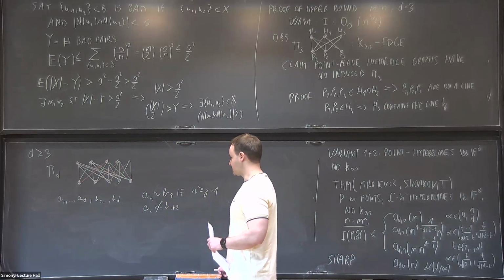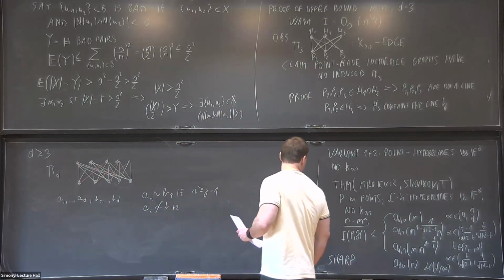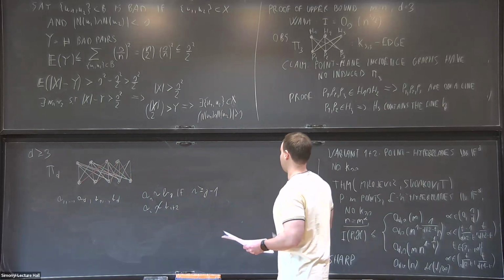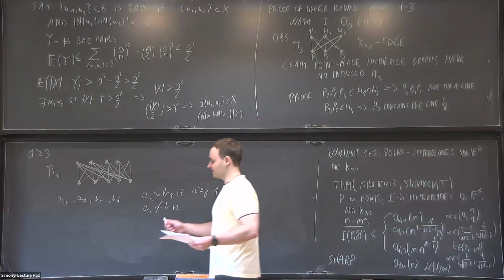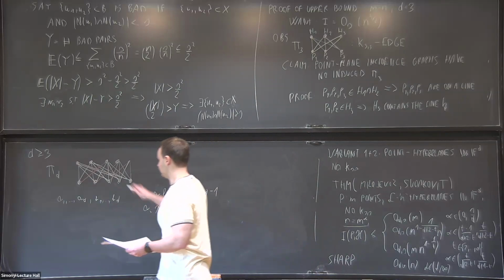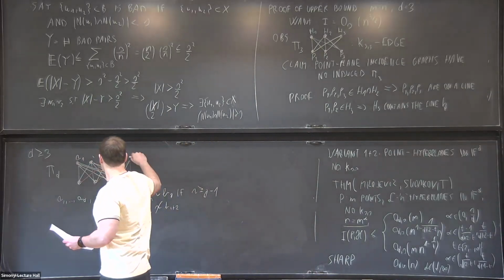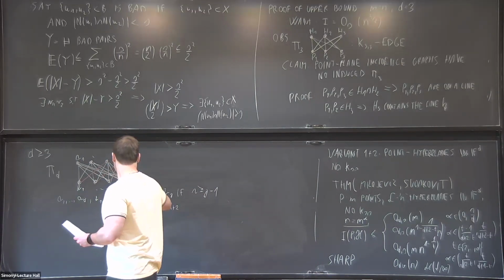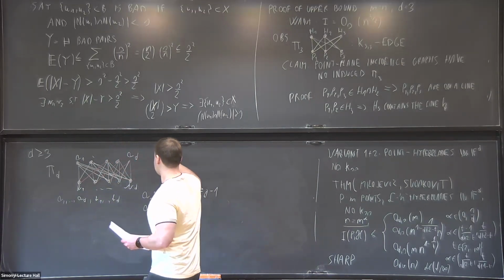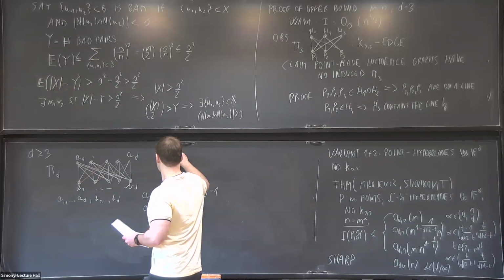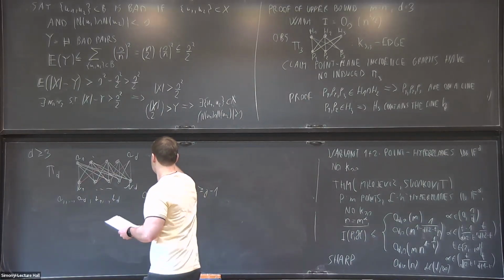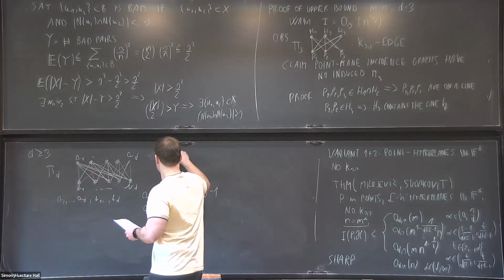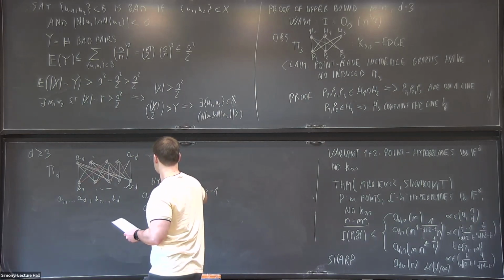And why is this forbidden? We can do a very similar argument as before. So suppose that this is not forbidden. So let me write AD. Let's say that these are the hyperplanes. No, sorry. So these will be the points. These will be the hyperplanes.